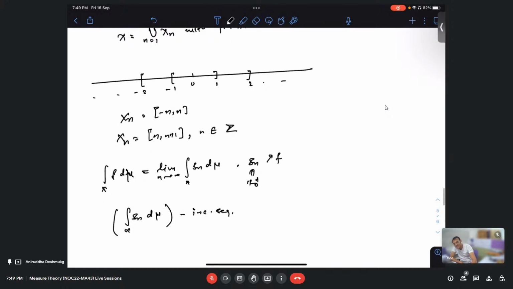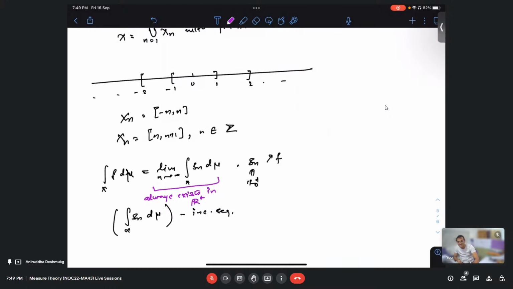So this limit is always going to exist, whether or not this space is sigma finite. When we say exist, we mean in the sense of extended real numbers, so it can go up to infinity. Correct. Either it is bounded, in which case the limit exists finitely, or it is plus infinity.